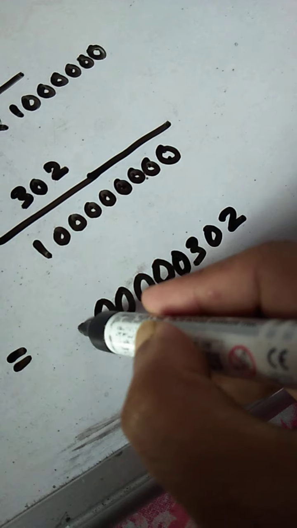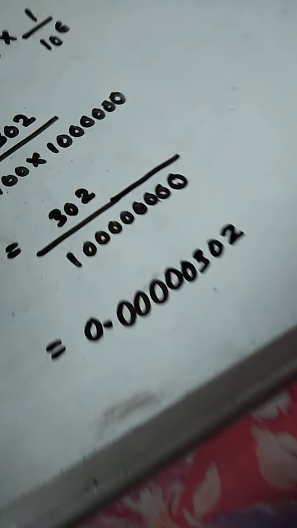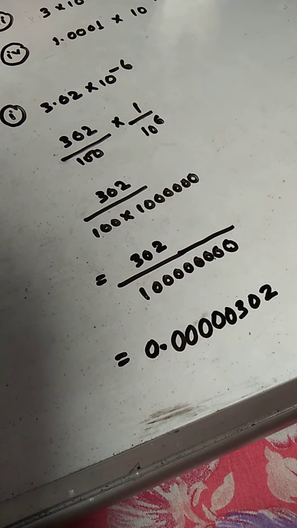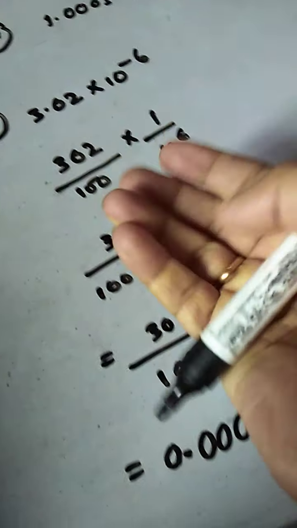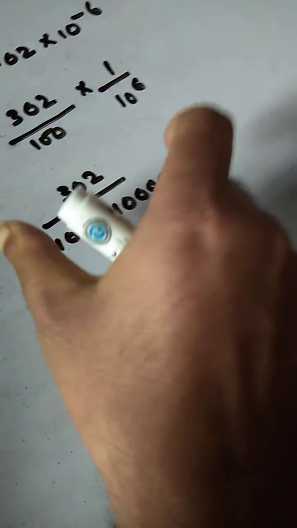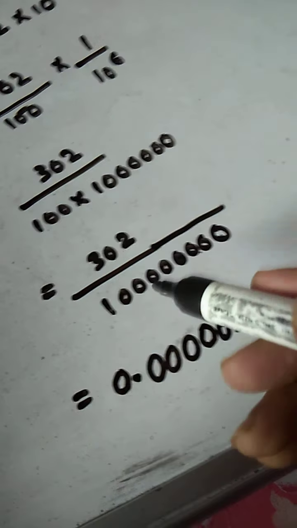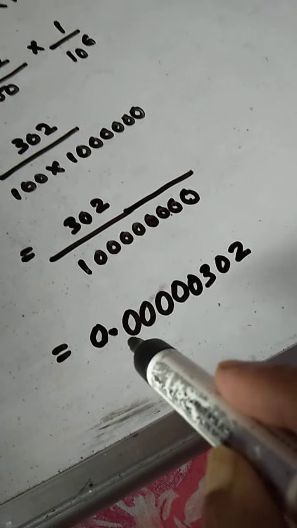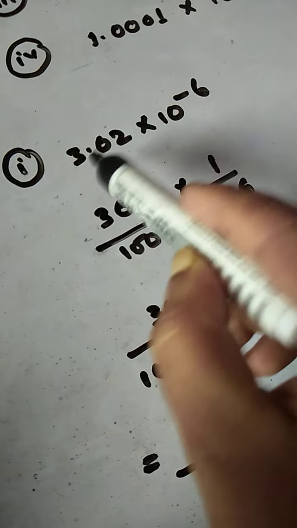Now here we put the point. So this is the solution of sum number 1. We converted the decimal form into fractional form, and after the conversions, we finally converted into decimal form. So this is the usual form of this scientific notation.